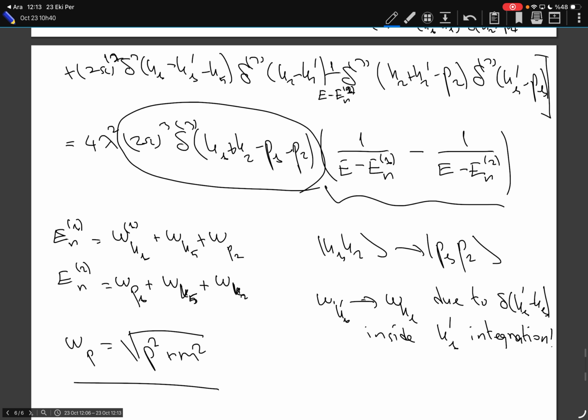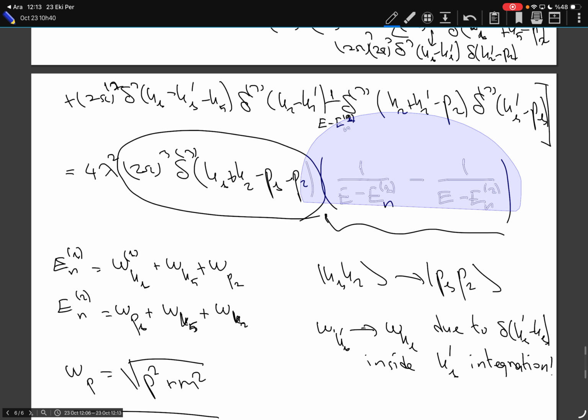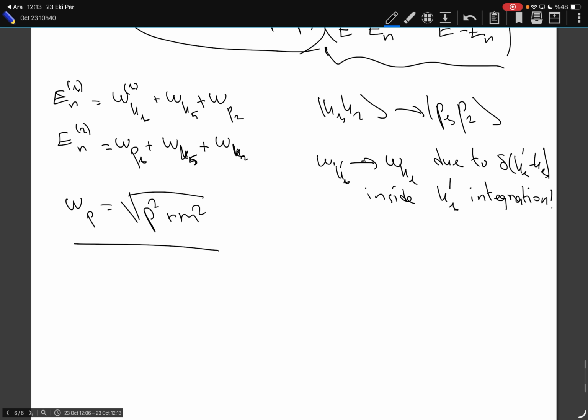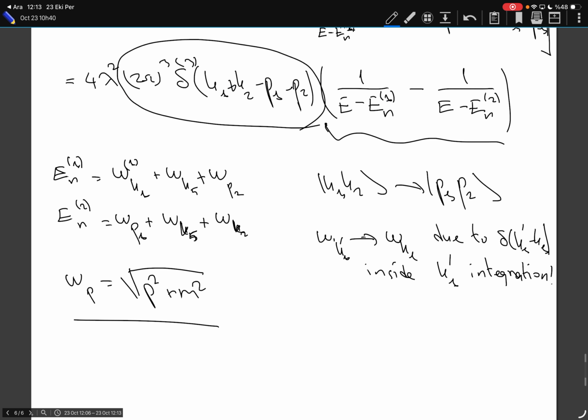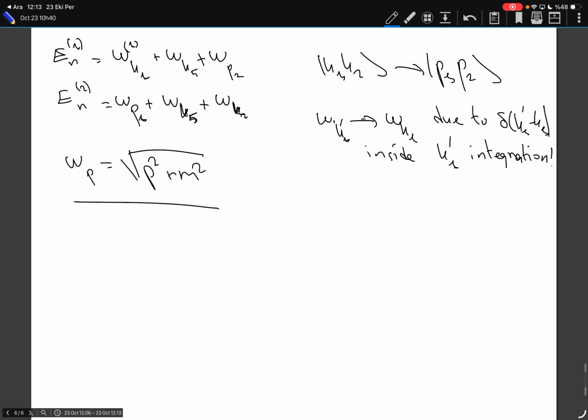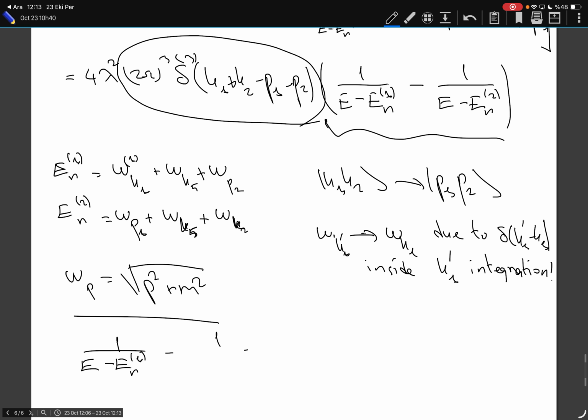They satisfy this condition. Now let's try to simplify this a bit. This expression, you see, I will be looking at this factor. What is that factor? Let me just write it. 1 over E minus E and 1 plus 1 over E minus E and 2.